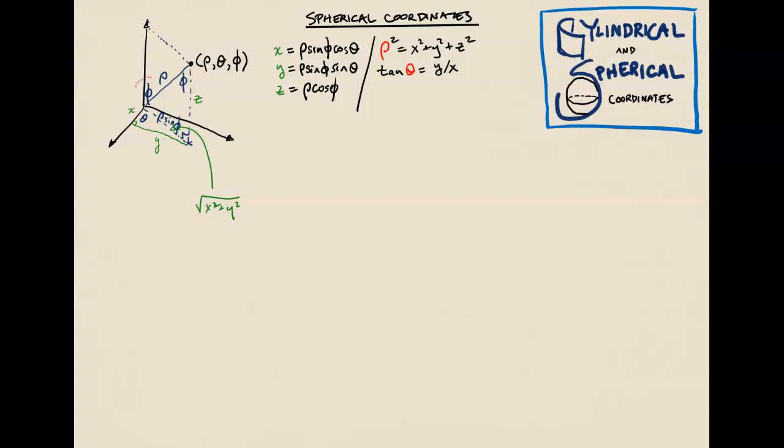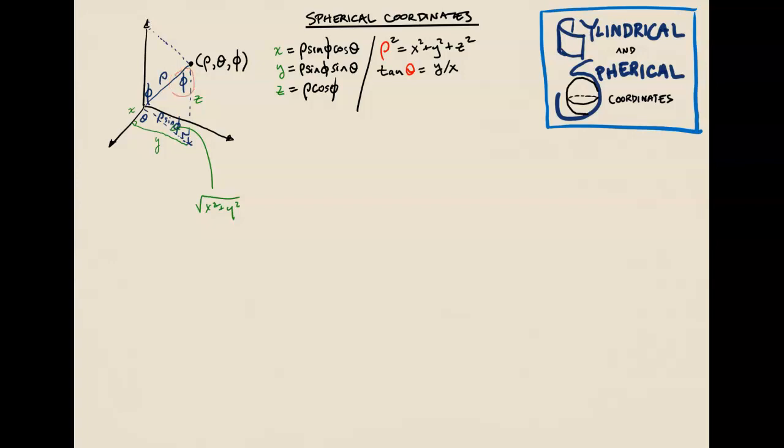And now we need to get phi in terms of the Cartesian coordinates. Well, we can get that off of this triangle right here. There's actually several ways we could do it. One would be to note that the tangent of phi would be this side over this side, so tangent of phi is root x squared plus y squared over z, and that would work, though I prefer to think about the cosine of phi.